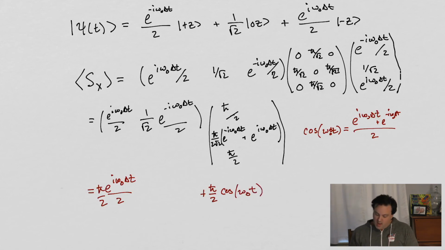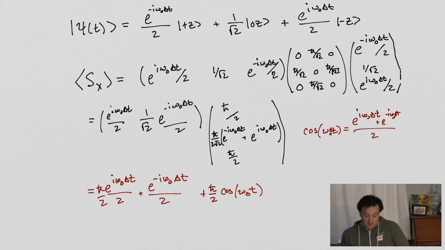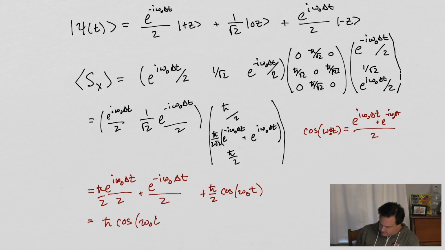And then the third term gives me a plus e to the minus i omega naught times delta t over 2. Huh. Look what we found again. This is yet another cosine. And even the 2's work out, and then I have an h bar over 2, and so I get something like h bar times cosine of omega naught times delta t.